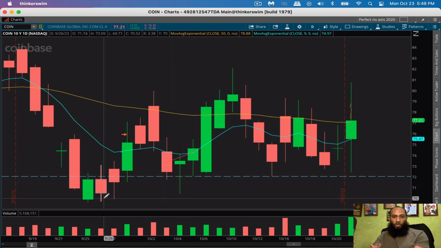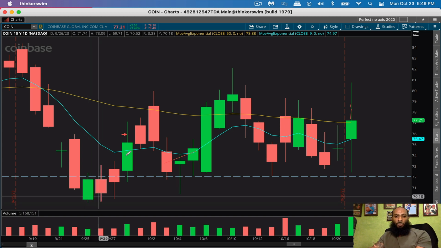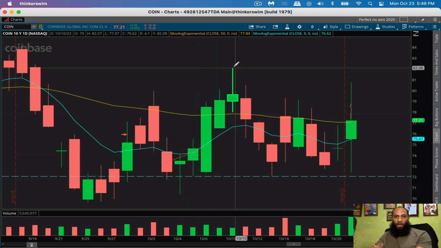But using a simple trend analysis on this daily time frame will give us the context for why I took this trade today. And you can see that we have a low and we have a high, right? Another low and we have a higher high, higher low. And really, in my opinion, we haven't finished the move up.